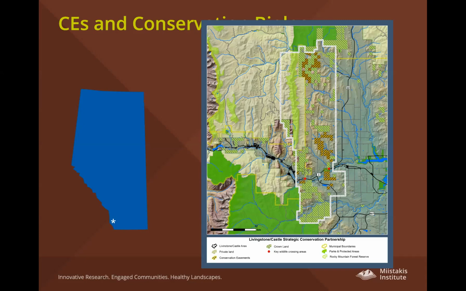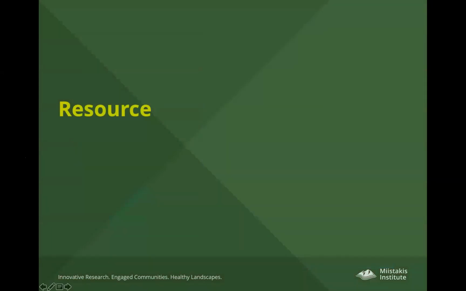But at the same time, we also maintain the stewards that are currently on that land, those ranchers in this area in this case, and maintain their ability to continue to pay taxes to the local municipality, continue to derive an income off of that area, and continue to have the heritage values that they associate with their landscape. So that's my final example to bring together why I think conservation biology and conservation easements make such an important nexus.